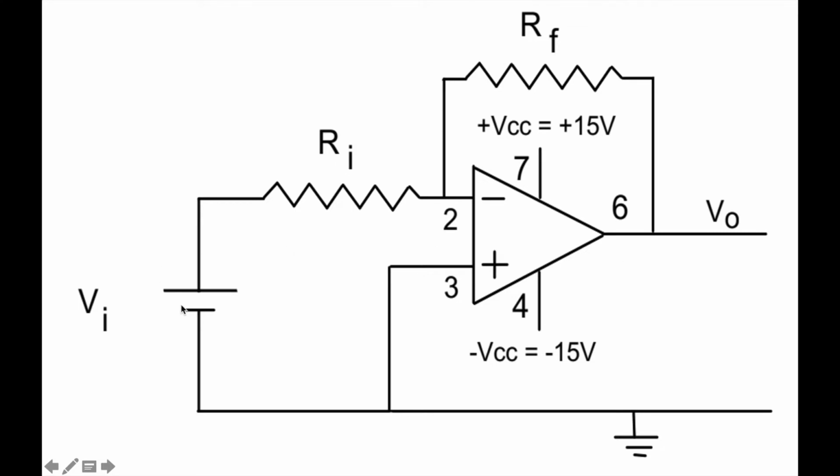We now have the IC, Vin, plus VCC and minus VCC. Also we made an arrangement for ground. Now we require Ri and Rf, which are the input resistance and feedback resistance.